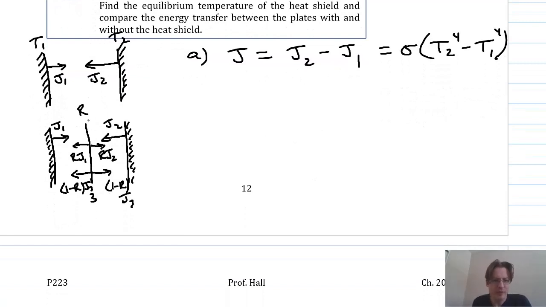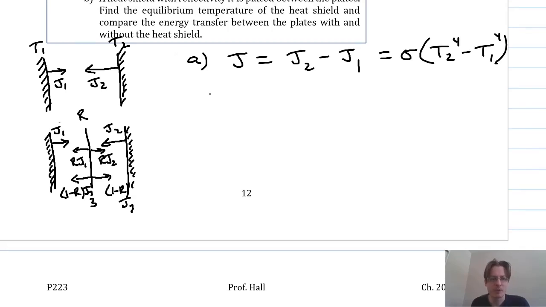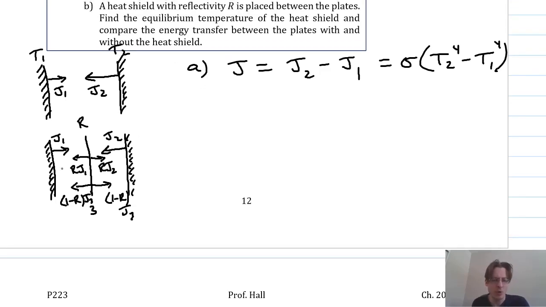I'm using the fact that this shield in the middle is going to reach some temperature, T3, and it emits accordingly. Its emission rate is E times T3 to the fourth, where E is equal to 1 minus R. So that's the rate of emission. Okay, so I'll first figure out the temperature of the shield and then see how it affects the net flow of energy.